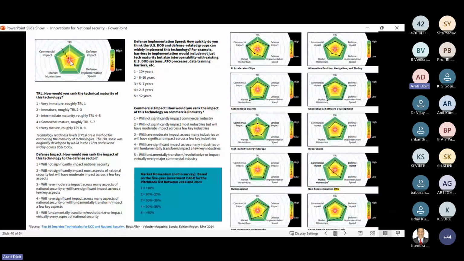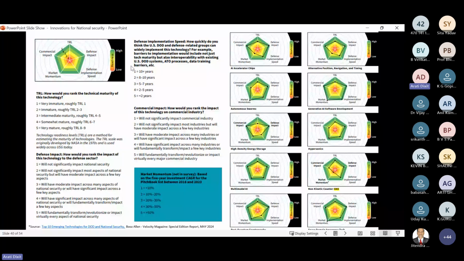Number 2 is orange, as you go out from the center towards the edges of the Pentagon, yellow is 3, and so on. So 1 means very immature technology, 2 means immature, 3 means intermediate maturity, 4 is somewhat mature, and 5 is very mature. This is what it means for TRL.